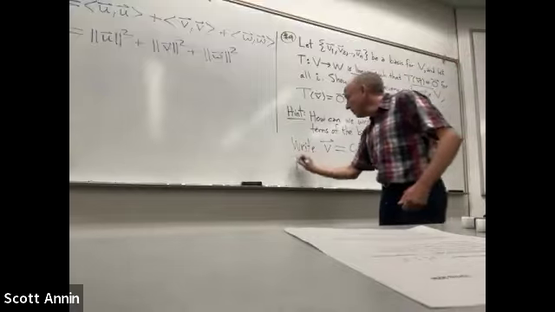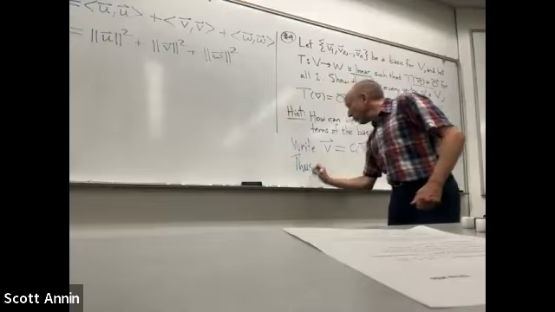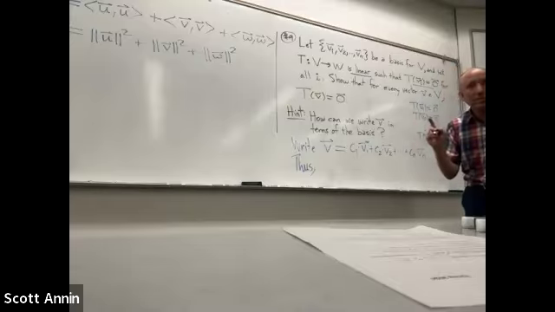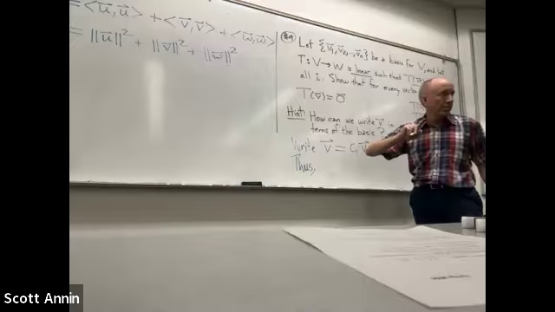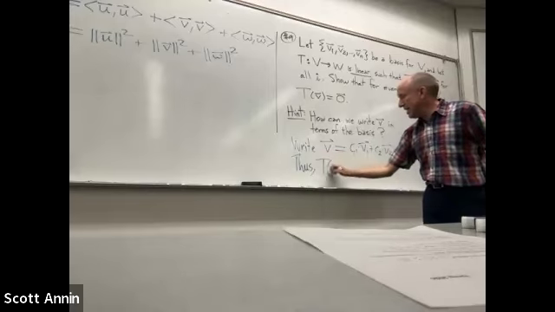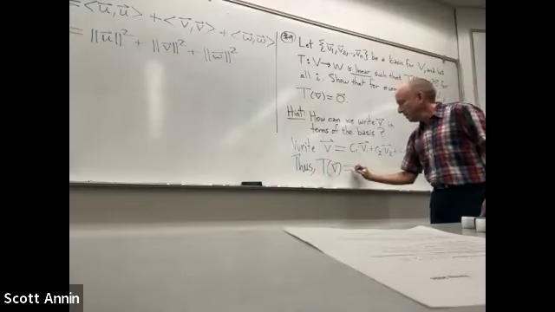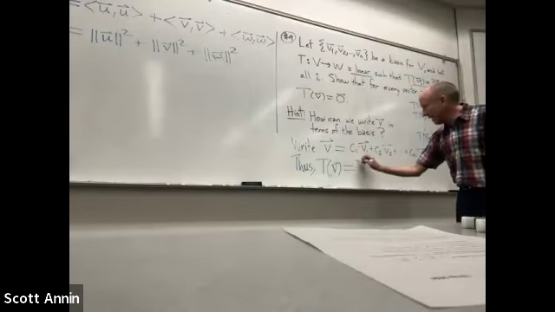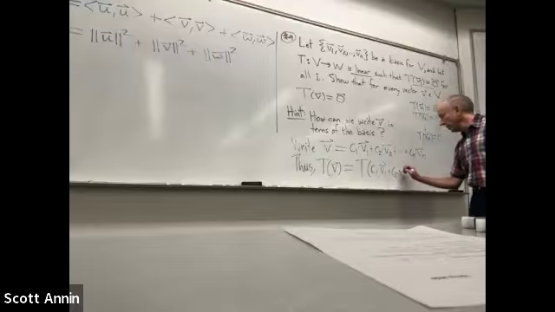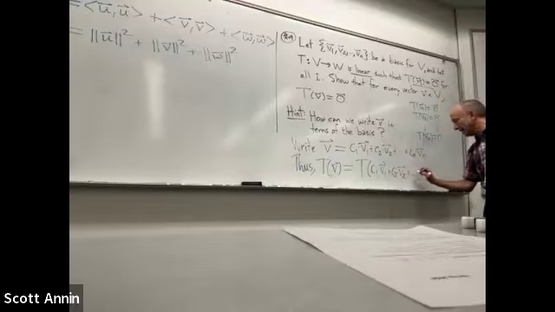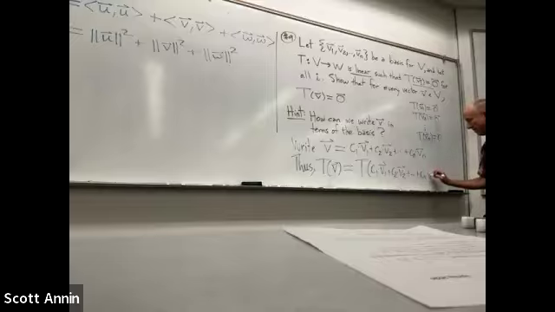And now the question is asking us to figure out T of V. So let's do it. T of V should be T of all of this stuff, C1 V1 plus C2 V2 and dot dot dot plus Cn Vn.